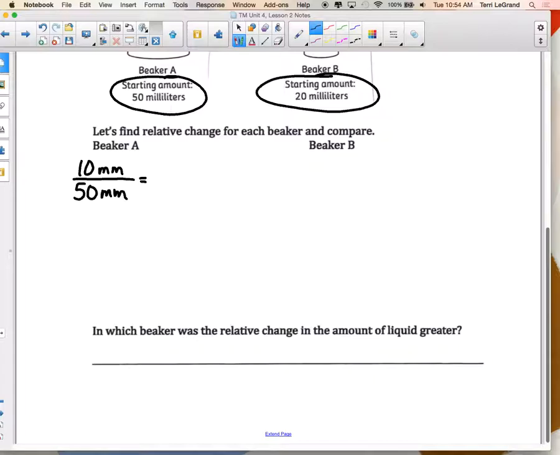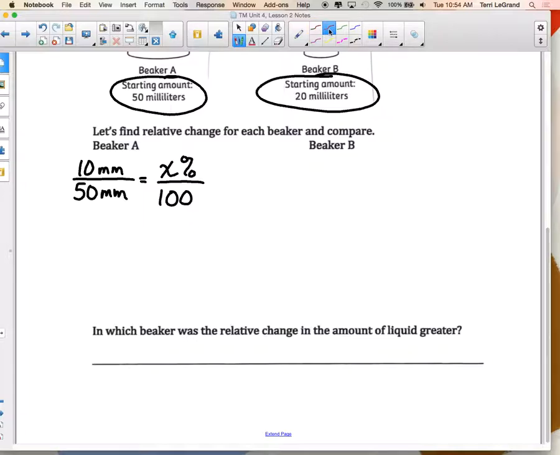And we are figuring out the percent of change. That's what we're looking for. The relative change is percent of change. So that's where we're going to put our x, and that is going to be a percent after we find it. And what do we put downstairs? 100. Okay.